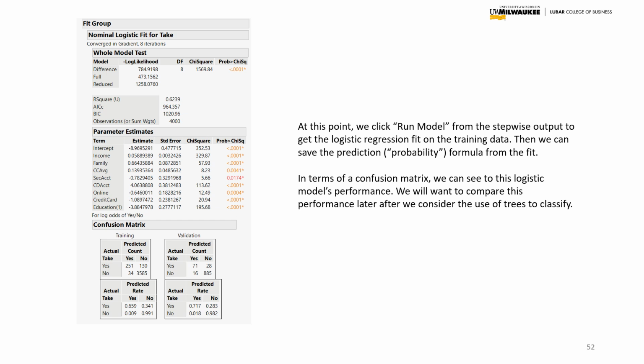So when we do that, we get this estimated logistic regression model. There are options. I can look at the confusion matrix, and you can see here the performances in terms of classifying the yeses and nos, predicted versus actual on the training and validation. We'll want to compare this performance later when we consider other methods like trees.